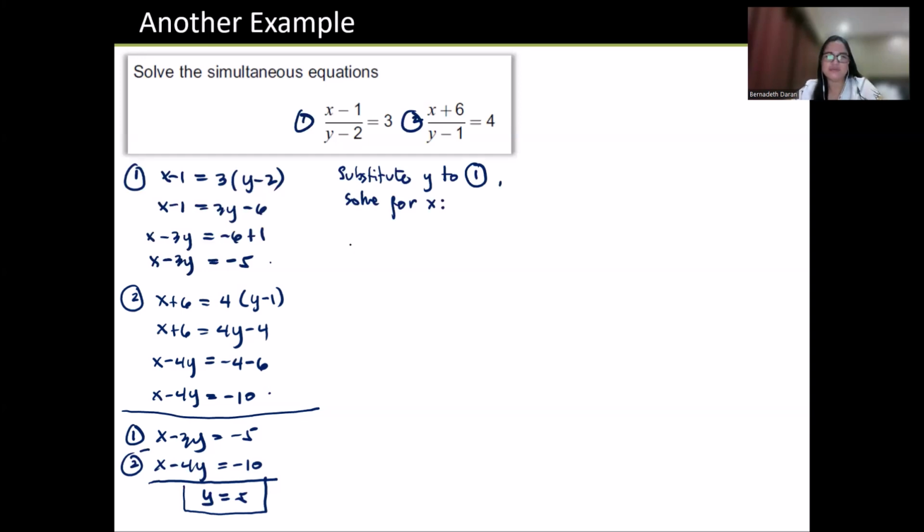Okay, so substituting our y from this equation, so that's going to be x minus 3 multiplied to 5 is equal to negative 5. So we're going to have x minus 15 is equal to negative 5. Or x is equal to negative 5 plus 15. Or x is equal to 10.